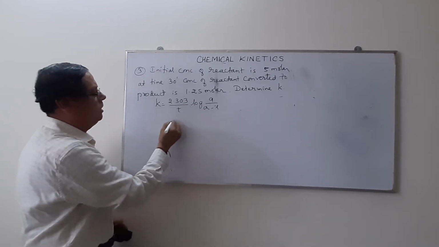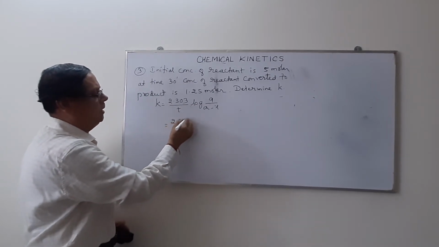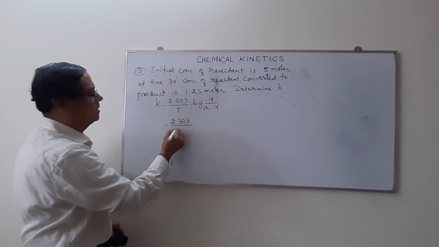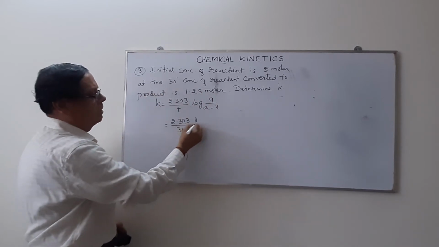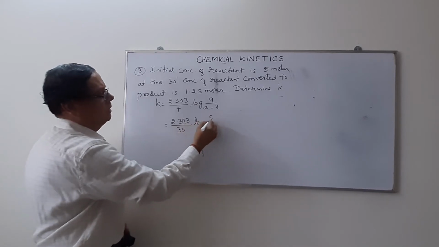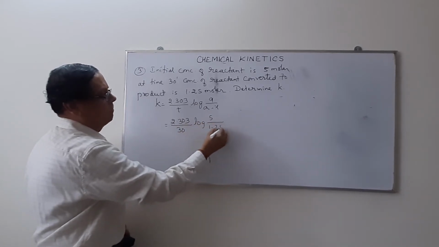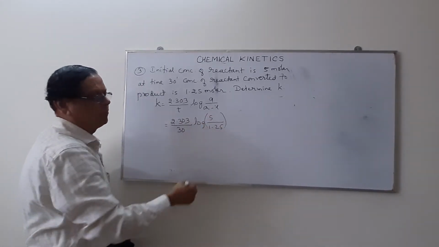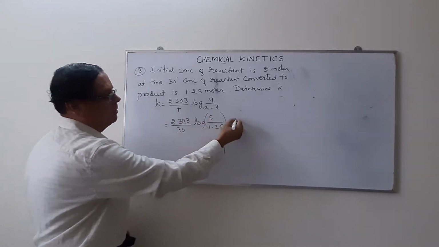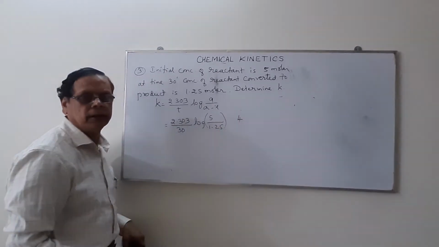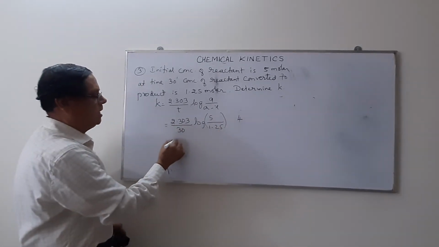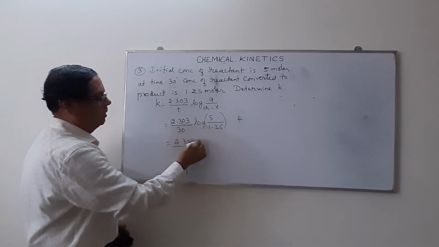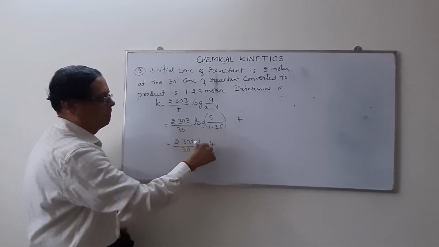Then you substitute the values: 2.303 divided by the time given, which is 30 minutes, log of 5 divided by 1.25. The ratio of 5 and 1.25 is nothing but 4. So we can rewrite this as 2.303 divided by 30 log 4.